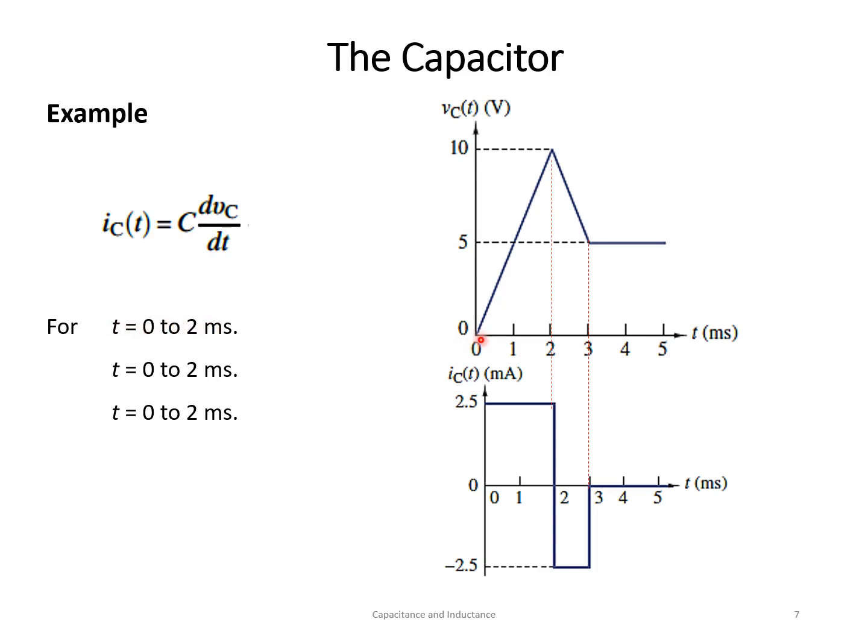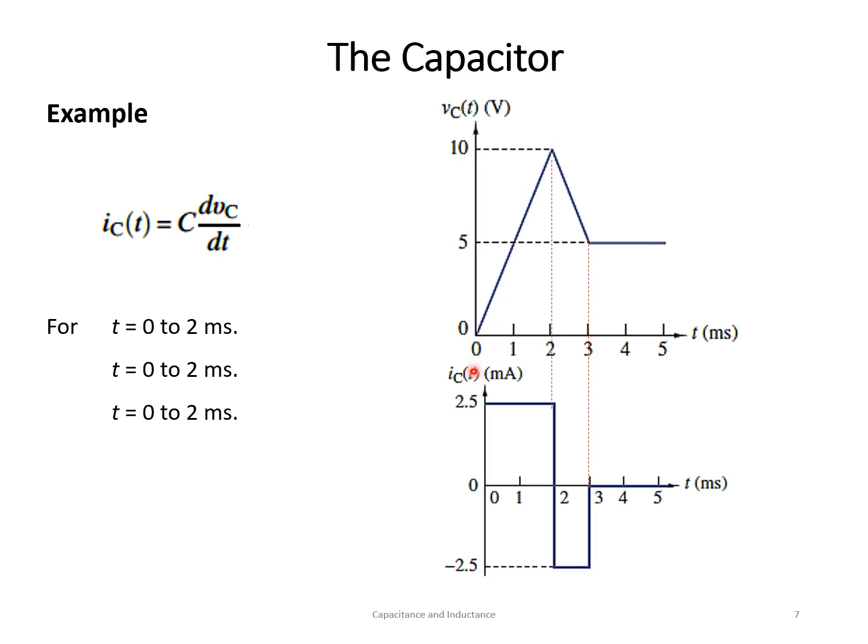From 0 to 2 millisecond, this is the voltage across the capacitor. And what is dV by dt of this voltage? Final value minus initial value: 10 minus 0, divided by 2 minus 0 millisecond.